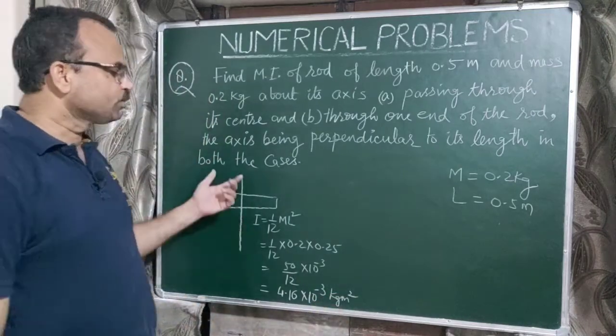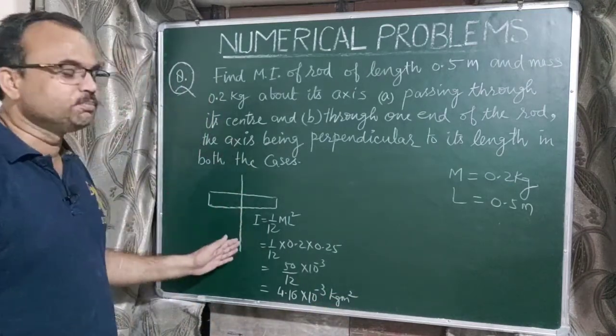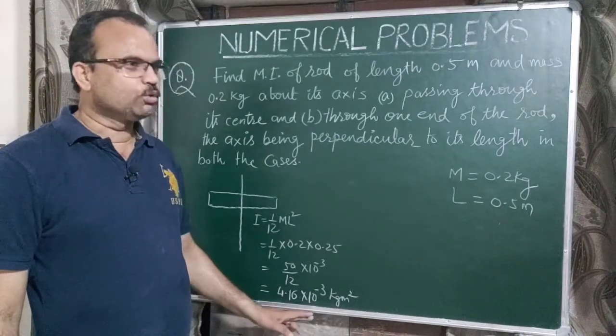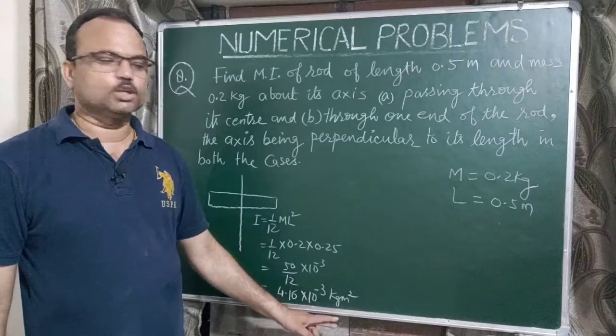Means moment of inertia of the rod when the axis passes through its midpoint is 4.16 into 10 to the power minus 3 kilogram meter square.